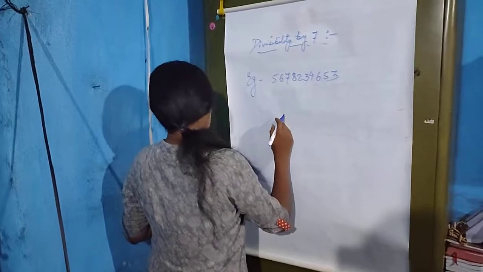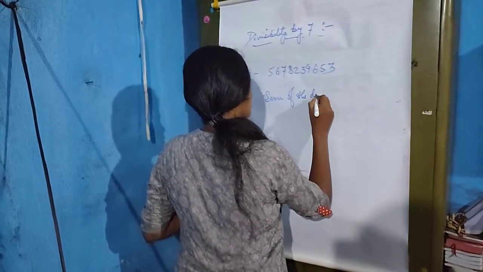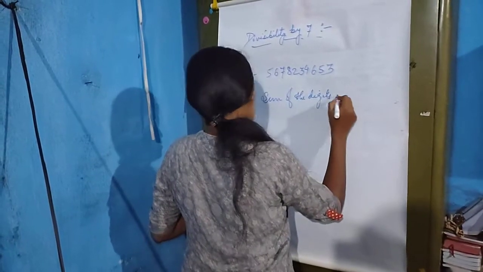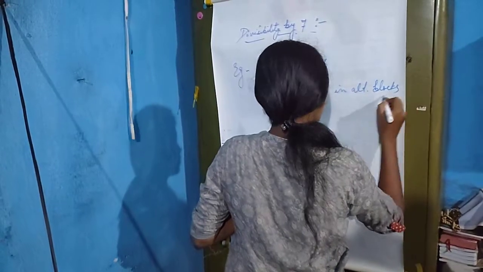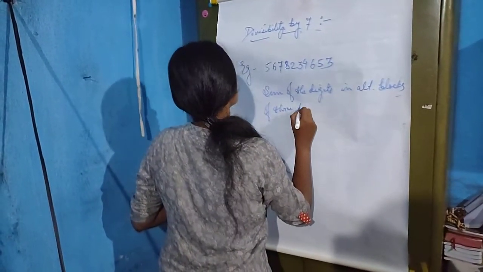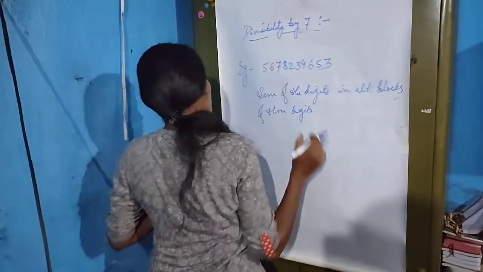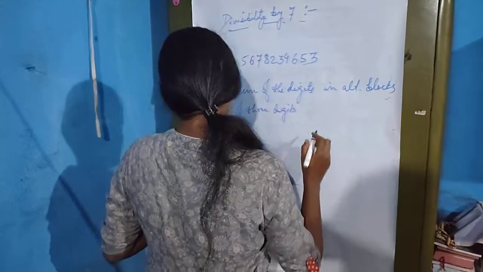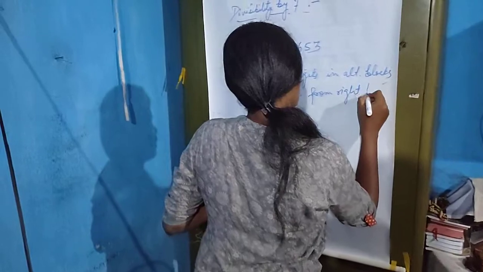First of all, you have to find the sum of the digits in alternate blocks of 3 digits from right to left.